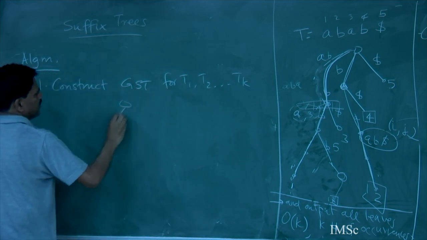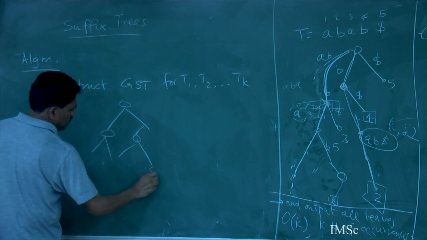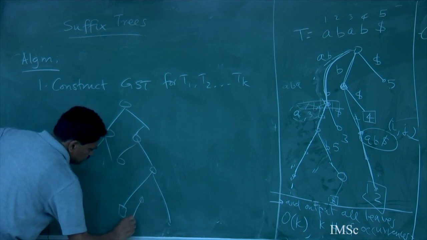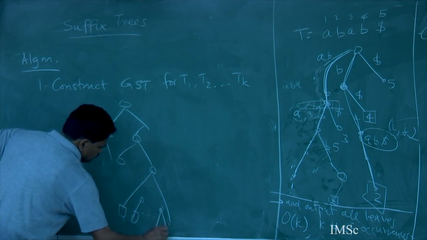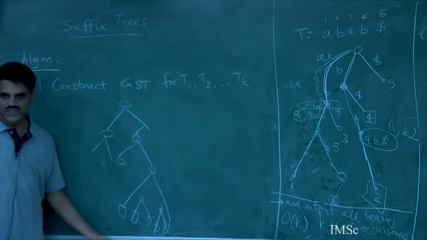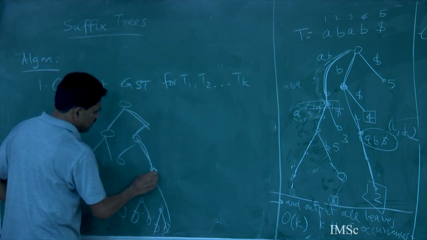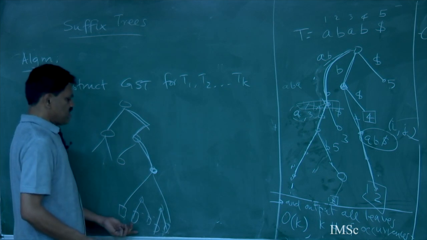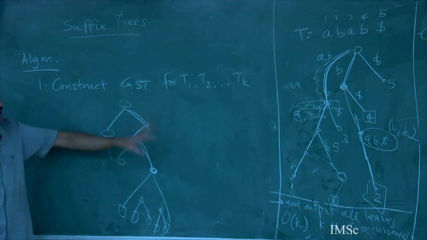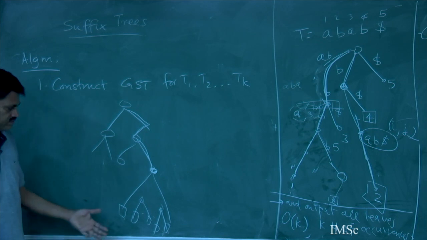You will have this big tree, and you will have these leaves, with these two numbers which tell you, i comma j, that this pattern, whatever that pattern is, appears in the jth position of the ith text. So, you can compute all of this in time linear in the total length of these strings.